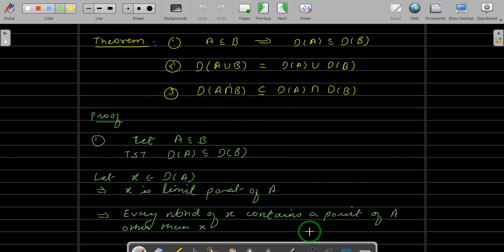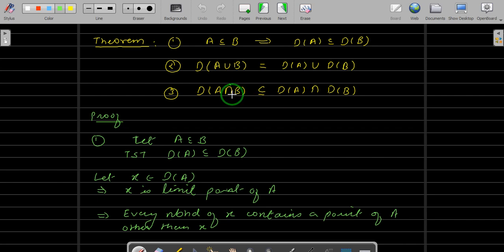And the third property says the derived set of A intersection B is contained inside the derived set of A intersection the derived set of B. The equality need not hold. That means we can have a topological space wherein this cannot be a subset of this.